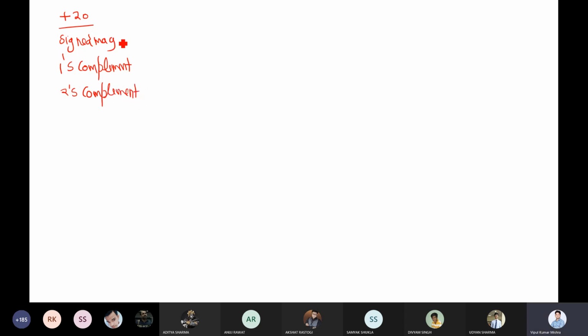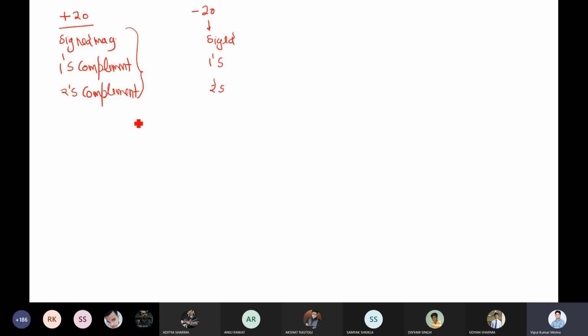In all three cases, plus 20 will remain the same, meaning the representation of a positive number is only one way. But whenever we talk about minus 20, the representation in sign magnitude is different, one's complement is again different, and two's complement is again different, right?